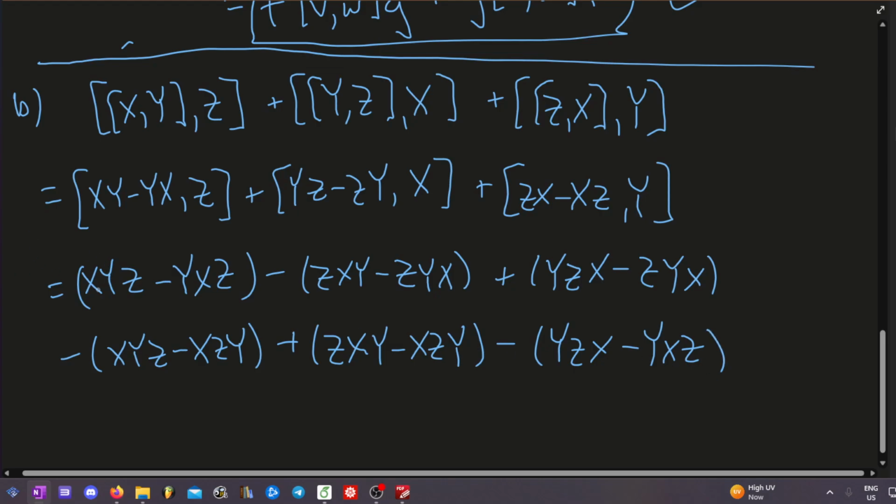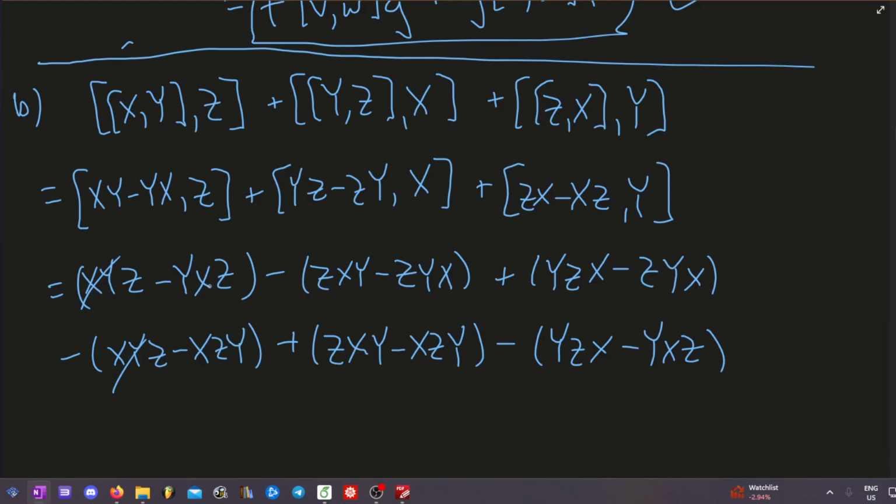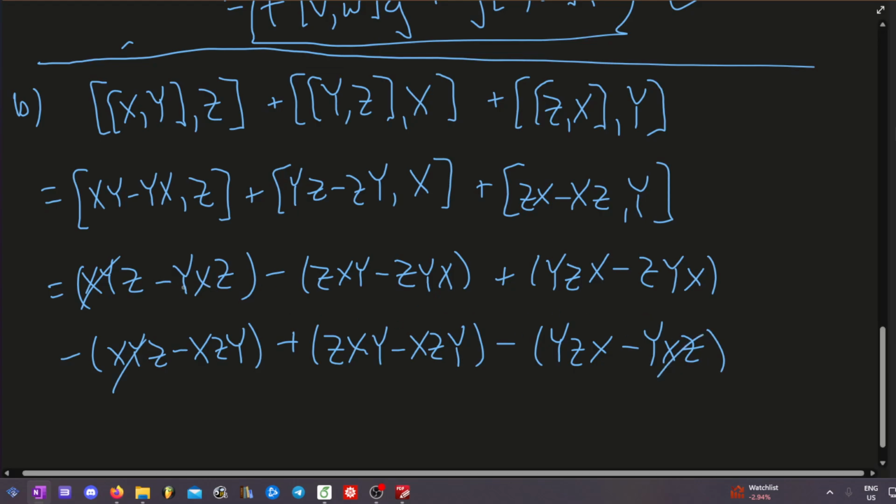So this xyz is going to cancel with this xyz. This minus yxz is going to cancel with this positive yxz. This negative zxy is going to cancel with this positive zxy. This positive zyx is going to cancel with this negative zyx.